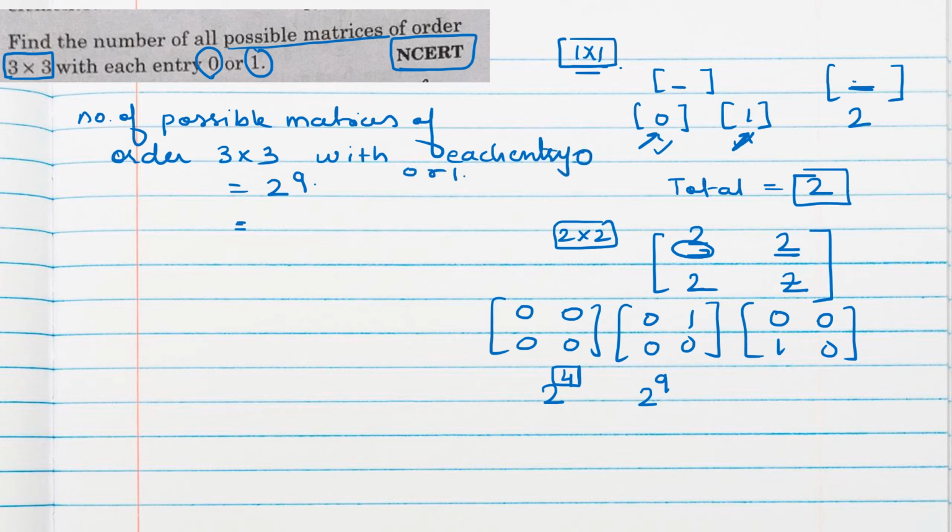So 2 power 9 means 2 power 5 will be 32 and 2 power 4 will be 16. So 512 such matrices are possible with entry 0 or 1. This is your answer.